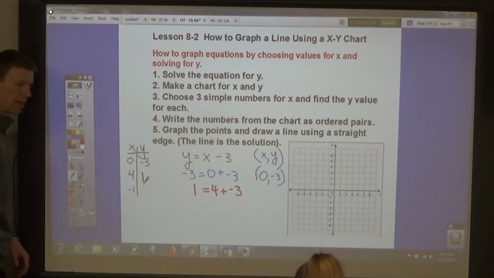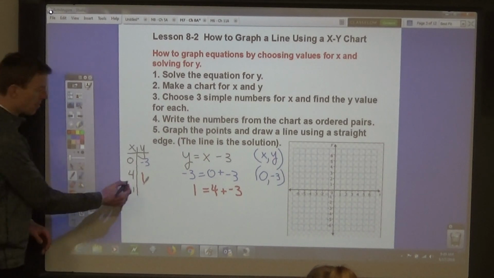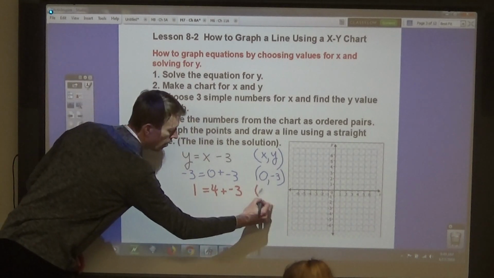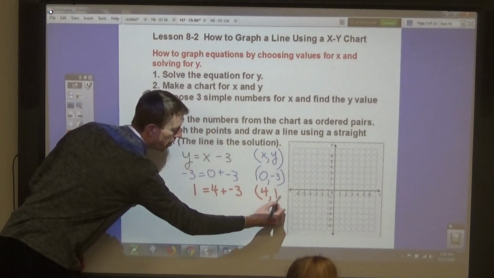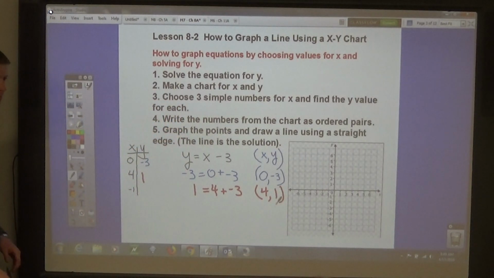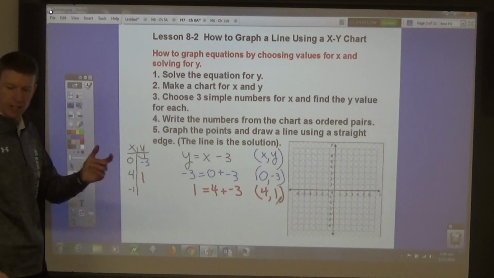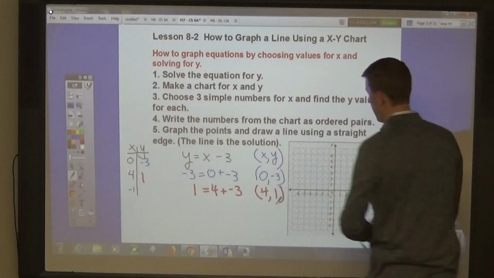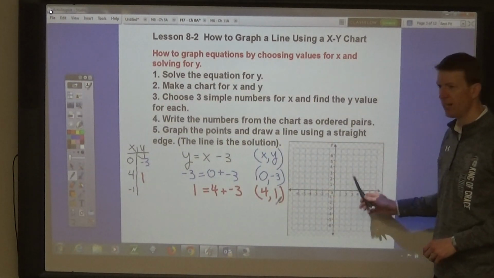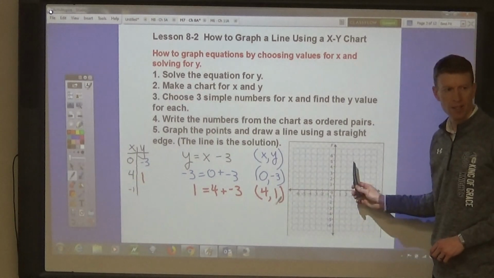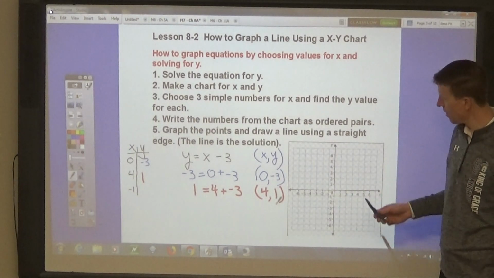So then you put the 1 next to the 4. And that gives us this point, 4, comma, 1. And if we have 2 points, then we can graph it. You can graph these points individually and then draw a line that gives us the solution to the equation.